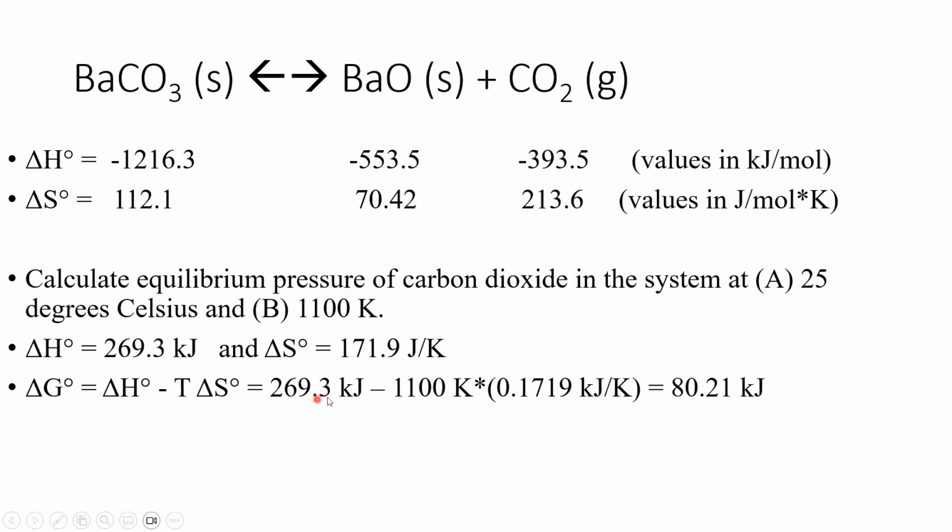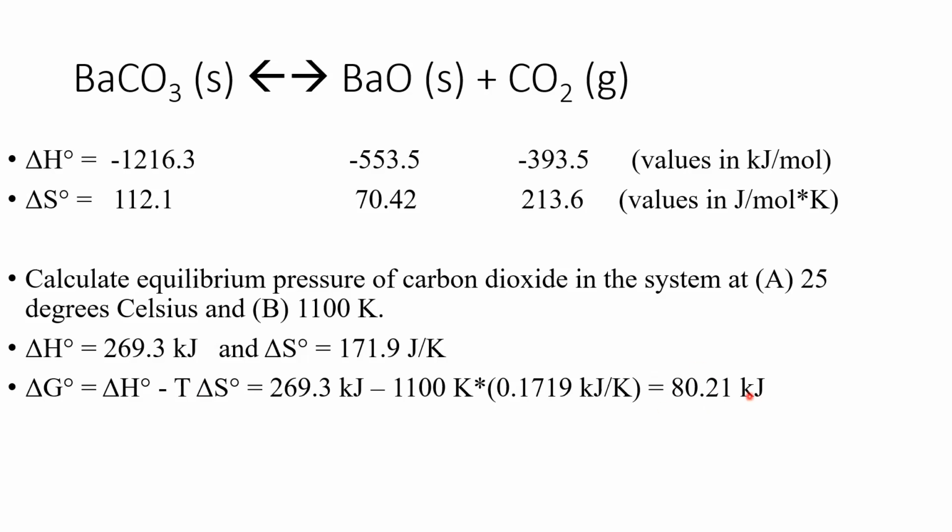We'll just plug in 269.3 for delta H, 1100 Kelvin for T, and then the 0.1719 kilojoules per Kelvin for delta S, because again, we changed the unit to match up with delta H. And what that's going to give us is a standard free energy change of 80.21 kilojoules.